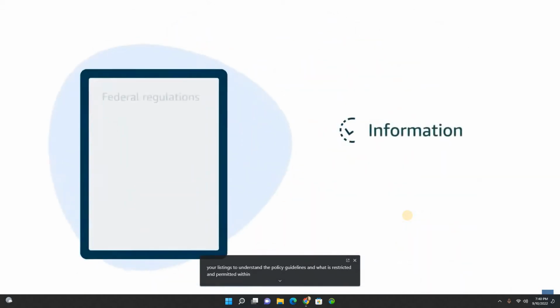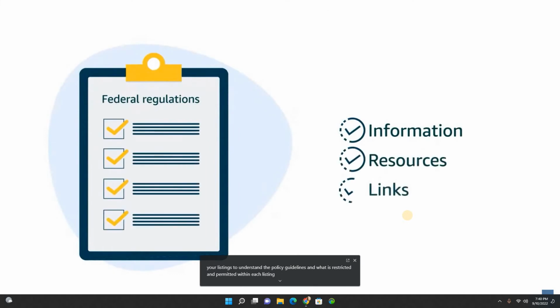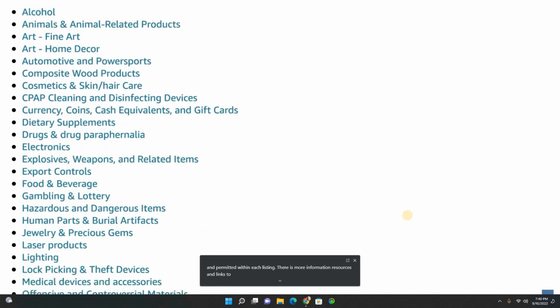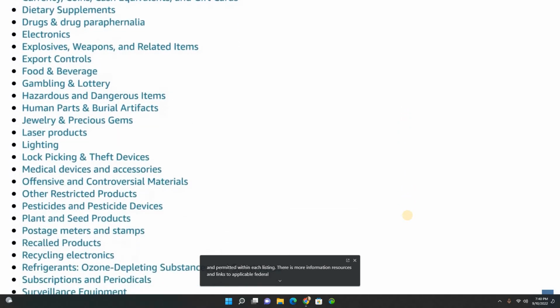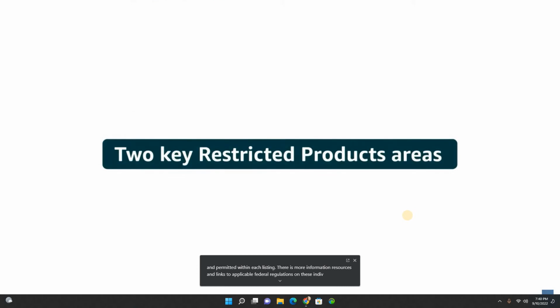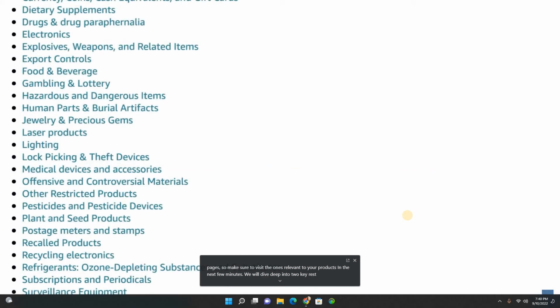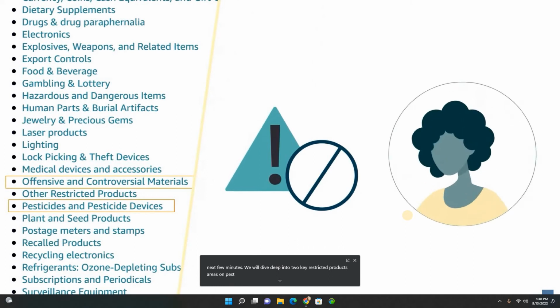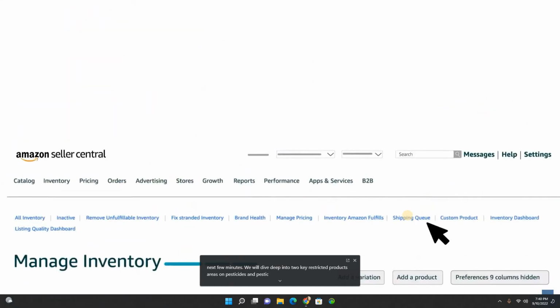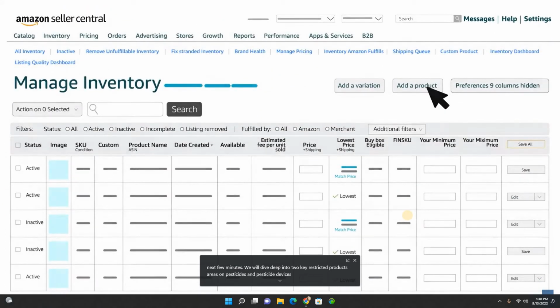There is more information, resources, and links to applicable federal regulations on these individual help pages, so make sure to visit the ones relevant to your products. In the next few minutes, we will dive deep into two key restricted products areas, pesticides and pesticide devices and offensive and controversial materials, to highlight important restrictions sellers should be aware of, particularly when creating new listings.